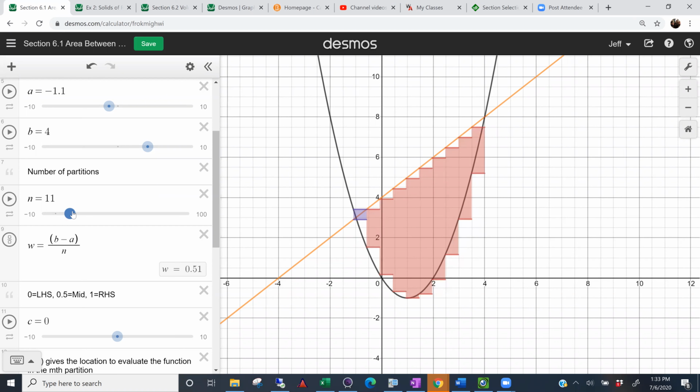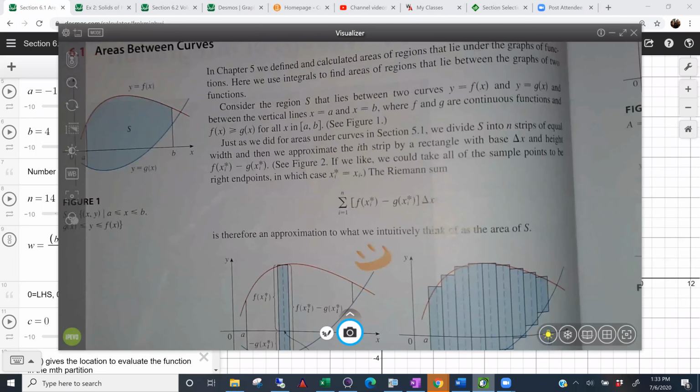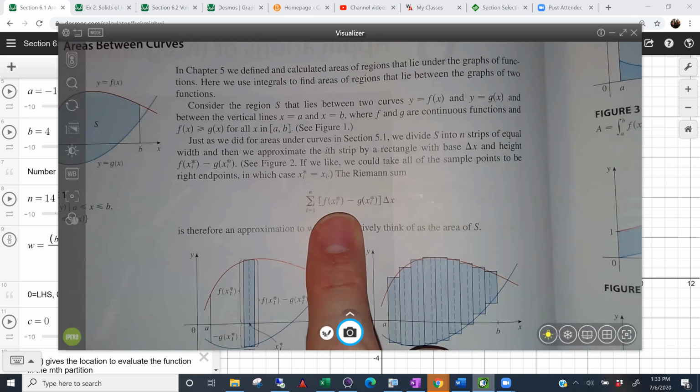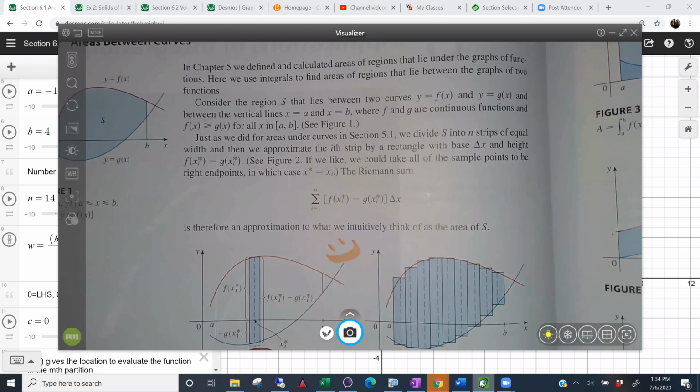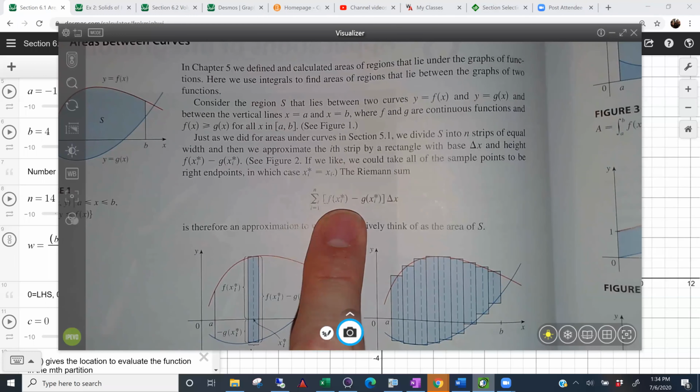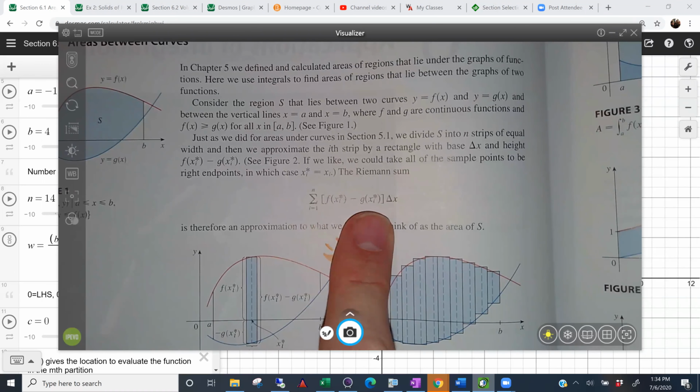And as you do, you're taking a limit. And what's going to happen is that that limit is going to change the sum to an integral. So you're starting out with the area of one rectangle, which is your top function minus the bottom function, times the width.